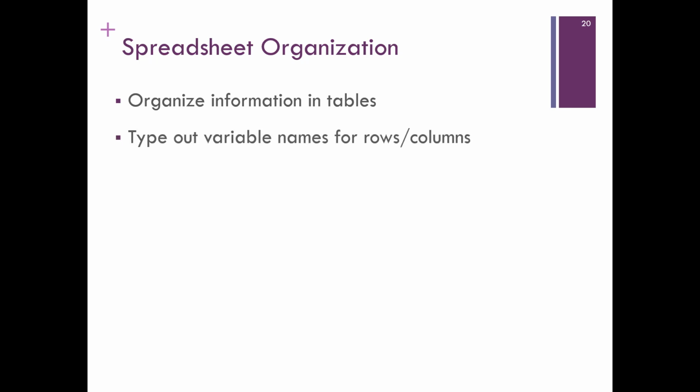Now if you look at the right-hand side of your spreadsheet, columns E to H, you'll see a bunch of words and you might wonder why they're there. This is a very common way to organize information. Excel might often be used to organize information into tables, and so you would type out variable names that you want to calculate for rows and columns.